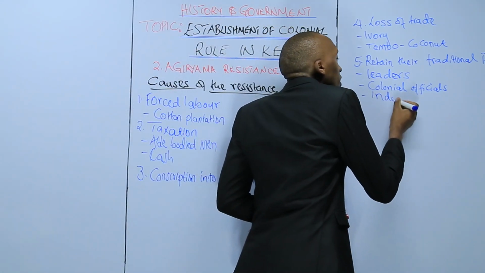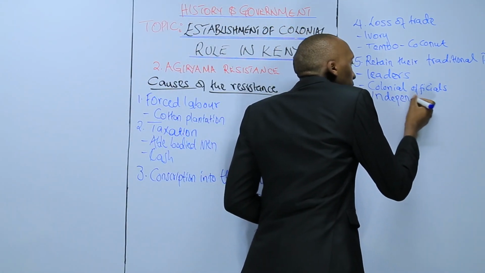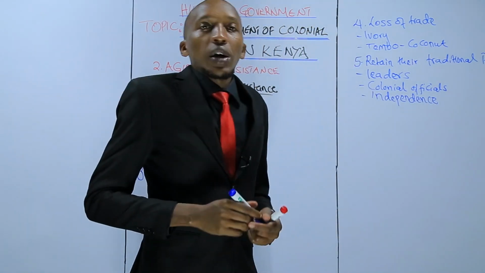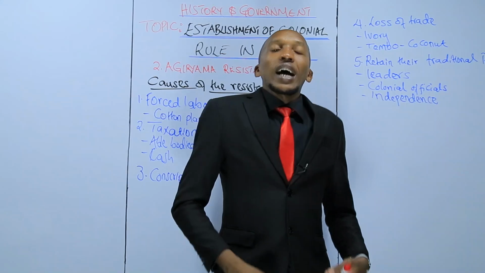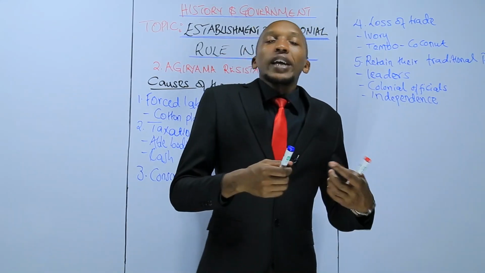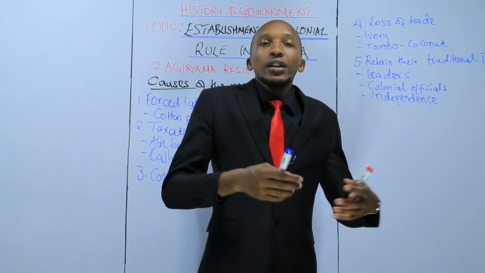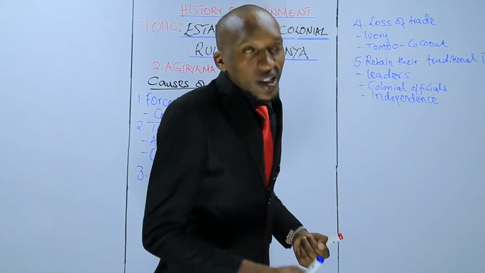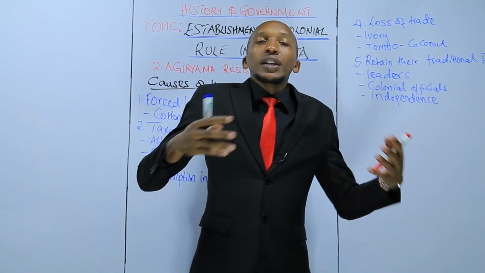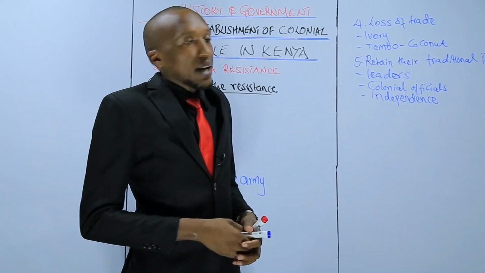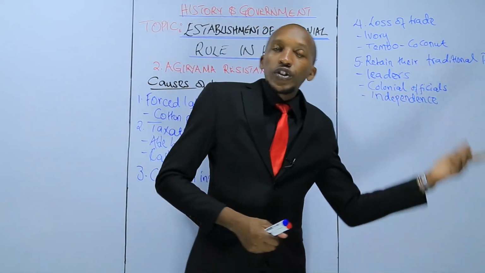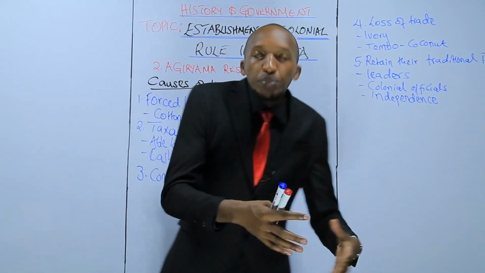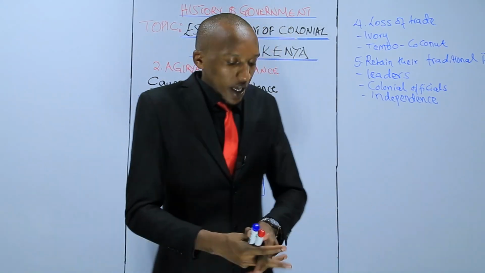So they wanted to retain their independence and autonomy as a community. They wanted to lead themselves as they desired because the headmen or the traditional rulers understood the requirements. They understood the belief system of the Agiryama as opposed to the colonial officials who are just coming to make sure that the interests of the European have been taken care of.